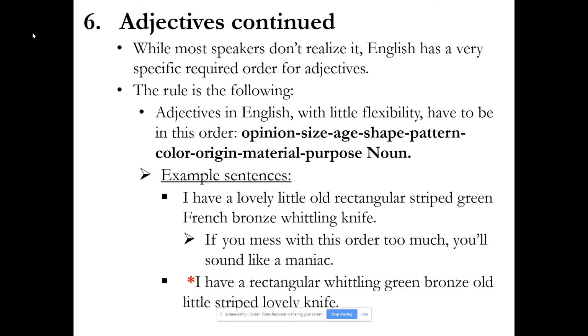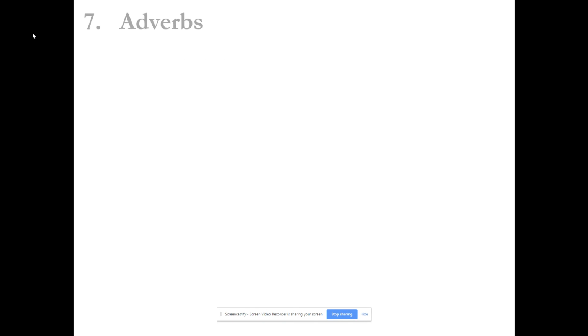I have a rectangular whittling green bronze old little striped lovely knife. Sounds really funny. In linguistics, putting a little asterisk before something means the sentence is wrong or ungrammatical in some way. So that's what that little red asterisk is doing there.